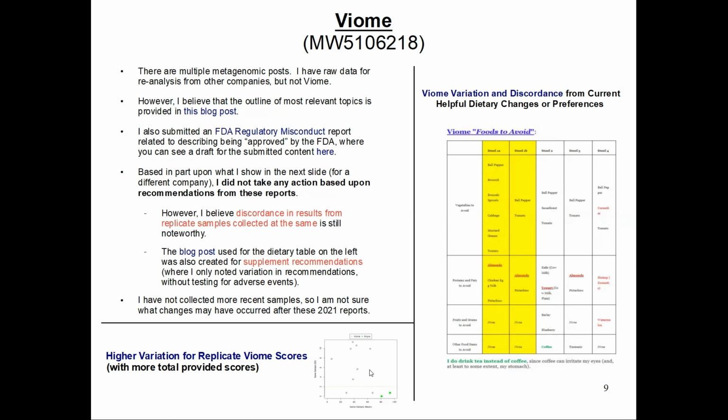What I'm showing you is dots from scores from two different companies, and the scores can represent very different things, but there's a concept that I think was important for the FDA MedWatch report. Thrive is a different company that also looks at metagenomics data, and they have two of their scores shown here in green. The x-axis is the average value between the scores, and the y-axis is the standard deviation between them.